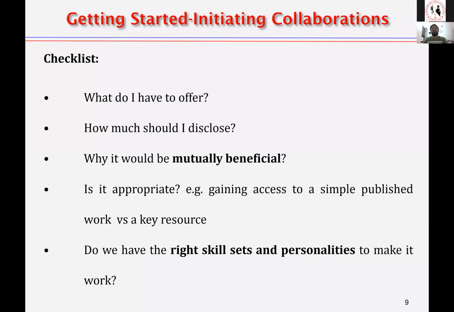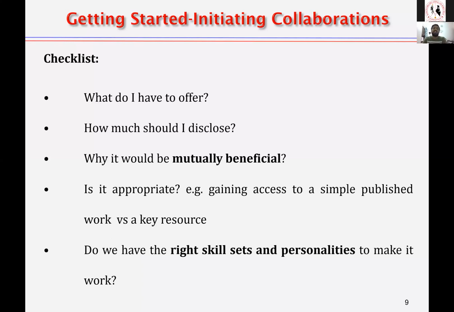Why would it be mutually beneficial? Please remember, any collaboration without benefit to both parties, without mutual benefit, will not stand for long. Collaboration cannot work between researchers at very different levels. Let's say someone is at a very beginning stage and wants to collaborate with a real expert in that field.